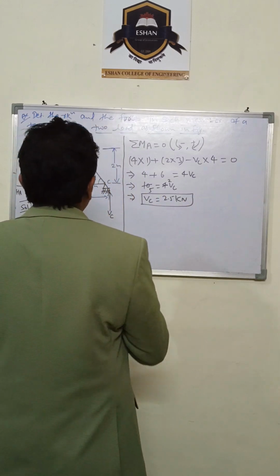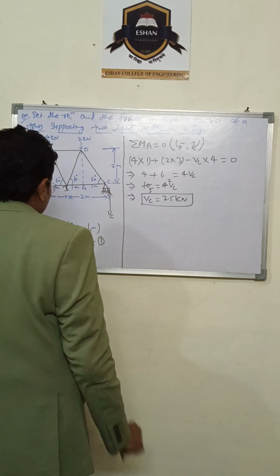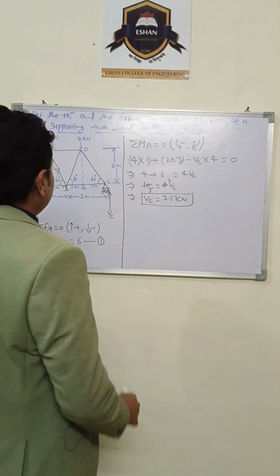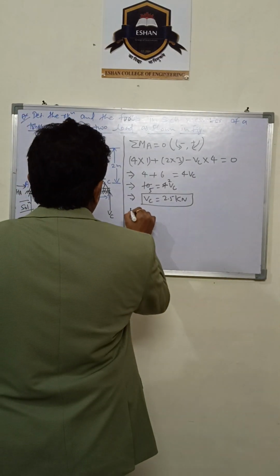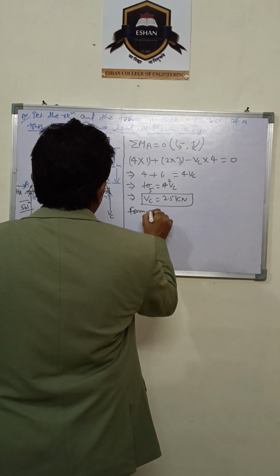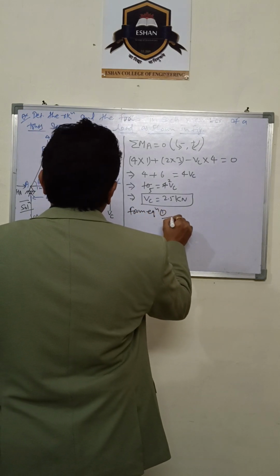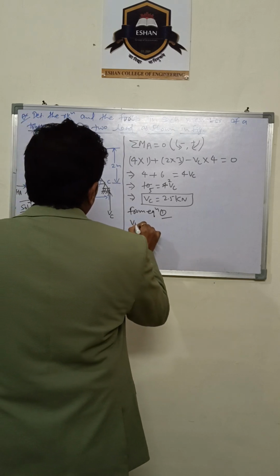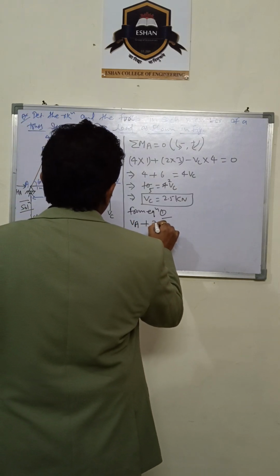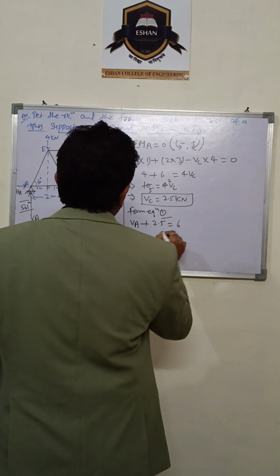This value is put in the equation. First find the value of VA. From the first equation, putting the values, VA plus VC, that is 2.5, equal to 6.